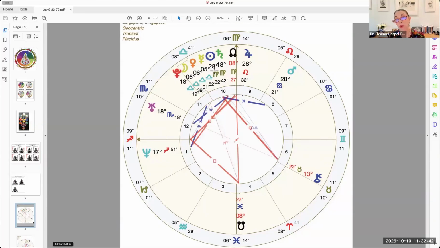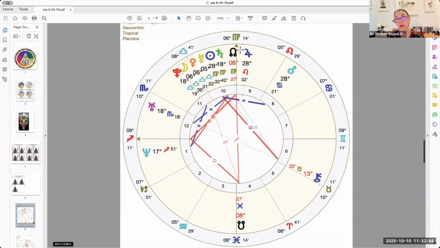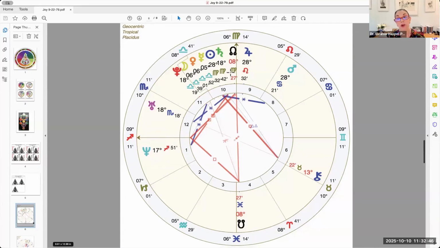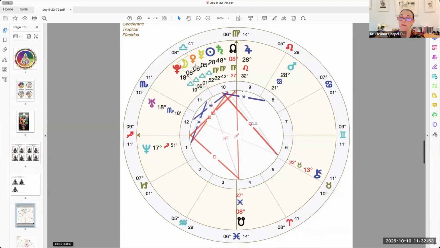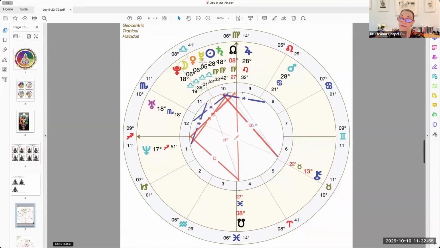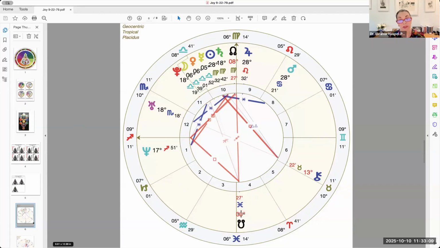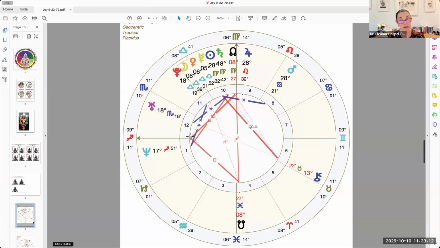It's a wide orb between your Virgo planets, not wide orbs between the moon, Venus, Mercury. And it's interesting that Saturn and Pluto are a whole sign apart, both 18 degrees. You have a grand trine between the North Node, South Node, and your ascendant.